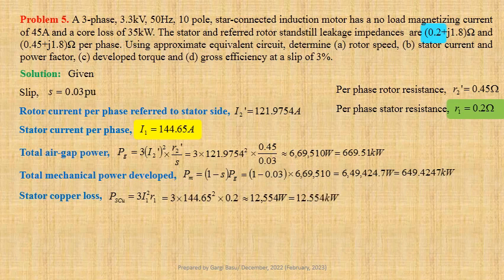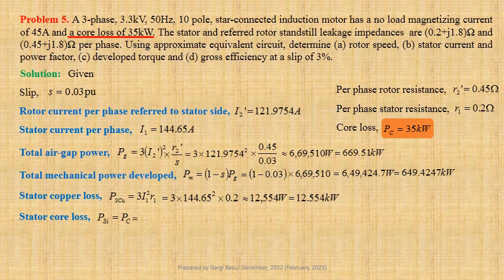or 12.554 kilowatt. Since rotor core loss is negligibly small, stator core loss P_SI equals P_C. Given core loss P_C equals 35 kilowatts. Therefore, P_SI equals 35 kilowatts.